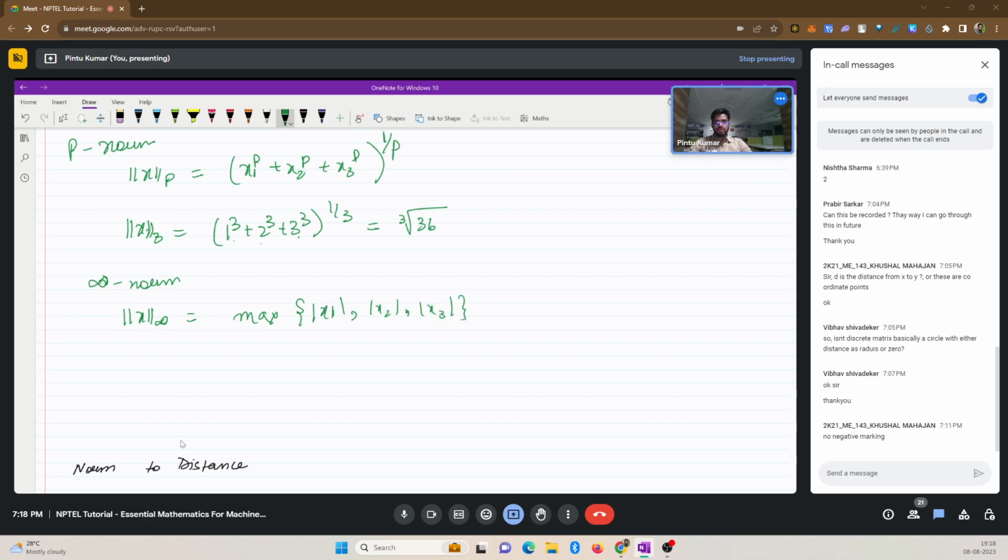Let's take the same example of 1, 2, 3. The infinity norm of this is the max of 1, 2, 3, that is 3. Any doubts in norm?